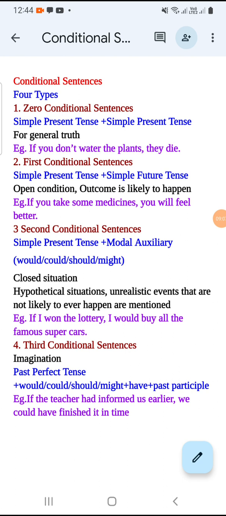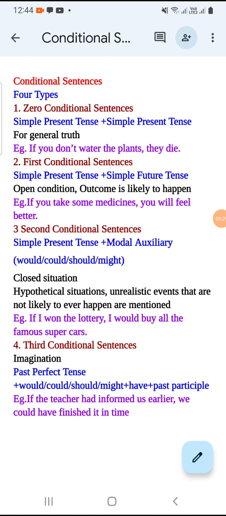Any one of the modals can be used in the sentence, right? Another example, if I drink too much coffee, I cannot sleep at night. And a third example, ice melts if you heat it, right?